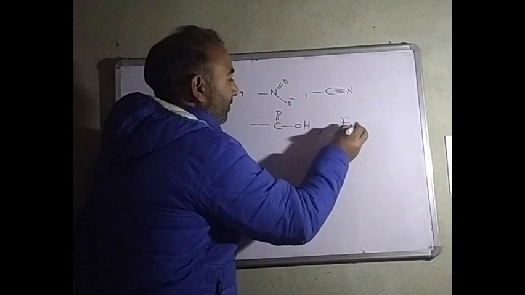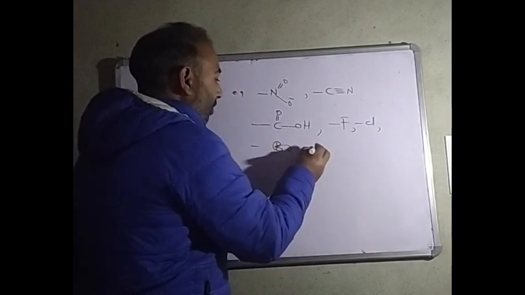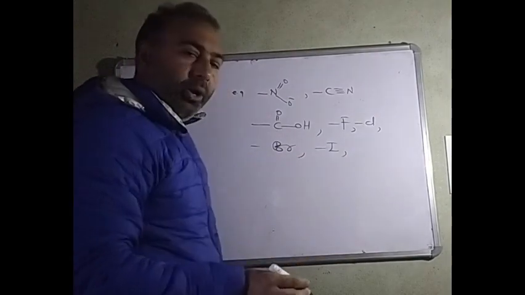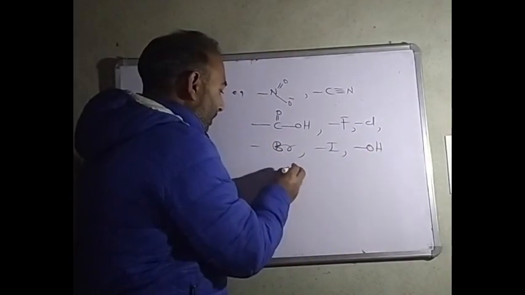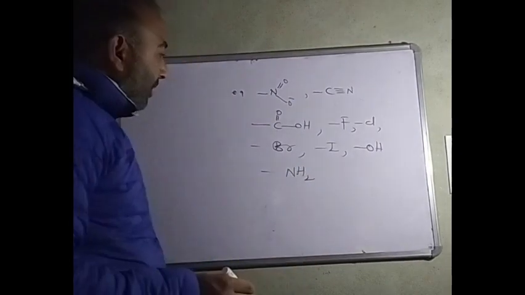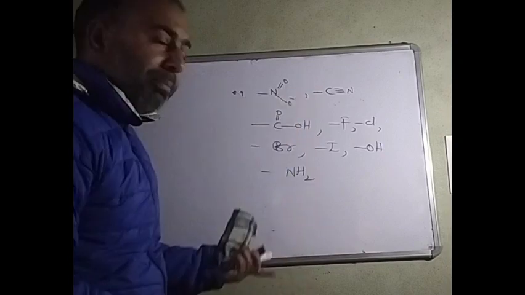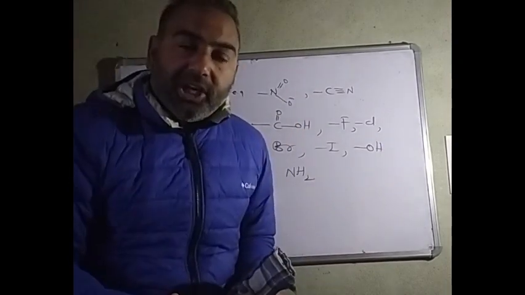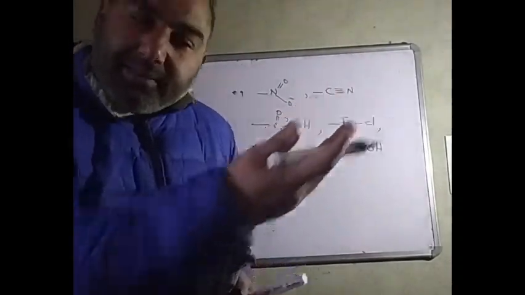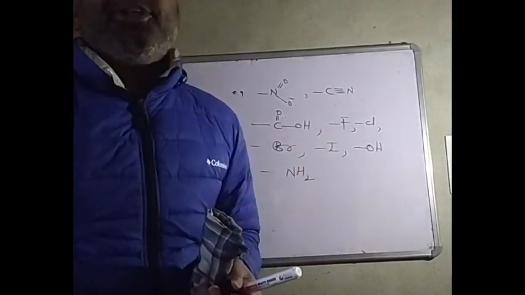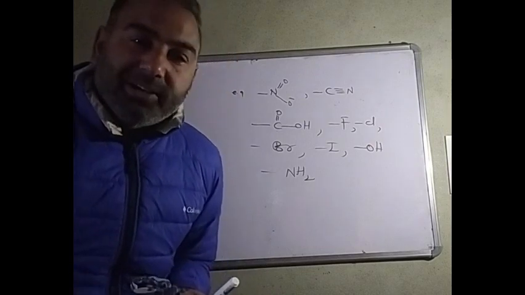Fluorine, chlorine, bromine, iodine, OH, NH2. These groups, if any one of them is attached to the carbon chain at its end, withdraw sigma electrons away from carbon chain and exert minus I effect.